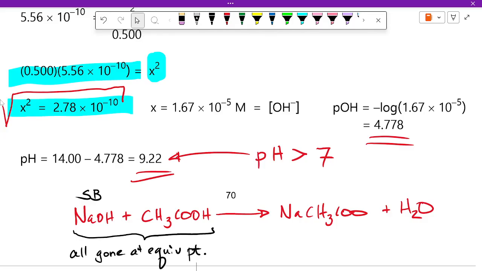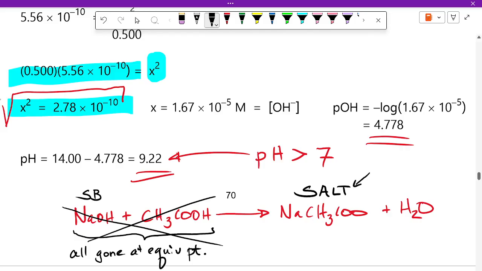Okay, so this is all gone at the equivalence point. And all we are left with is the salt. And when you have a salt, what should you ask yourself? Does it hydrolyze? Does Na hydrolyze? No. Does CH3COO minus hydrolyze? Yes.